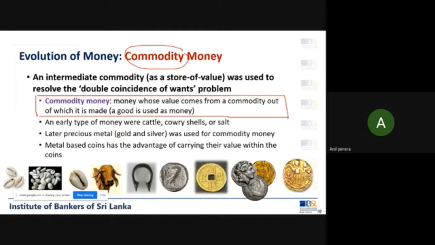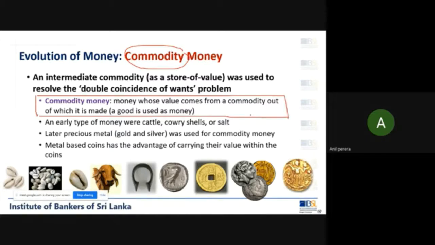For example, this gold coin is a commodity. So the value of the gold coin is basically dependent on the value of gold. A good is used as money in this case, a commodity.